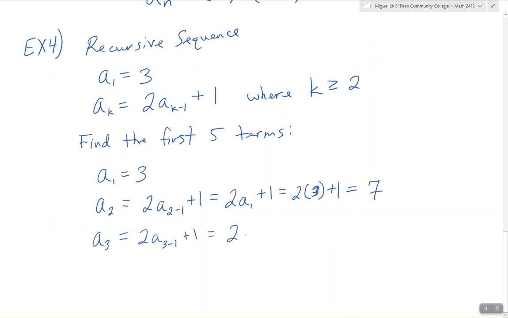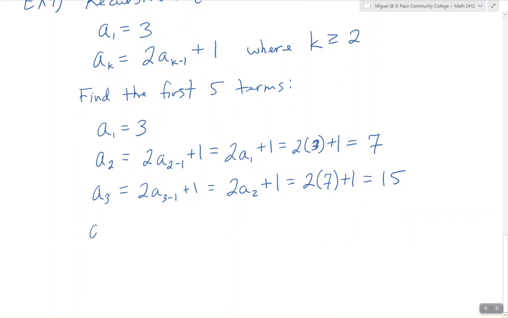So this is 2 times A sub 2 plus 1. In this one, we require the second term. And the second term, we just found it here, right? So we know that's 7. 14 plus 1 gives us 15.